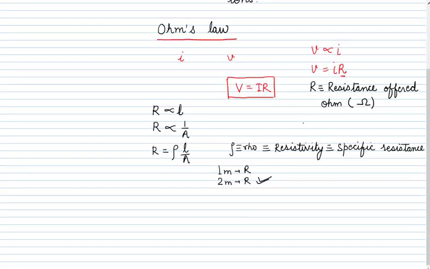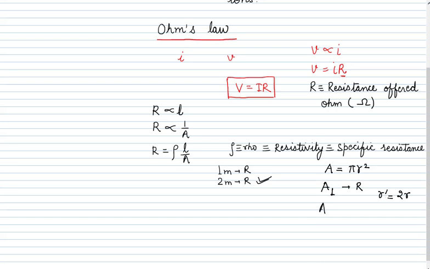And next we go to the cross-sectional area. If we have a conducting wire, then the cross section will have an area given as pi r square. So pi has a constant value. For the cross-sectional area A1, I have the resistance R. Now if I make this radius double, just like we doubled the length earlier, this new radius is 2 times the previous radius.